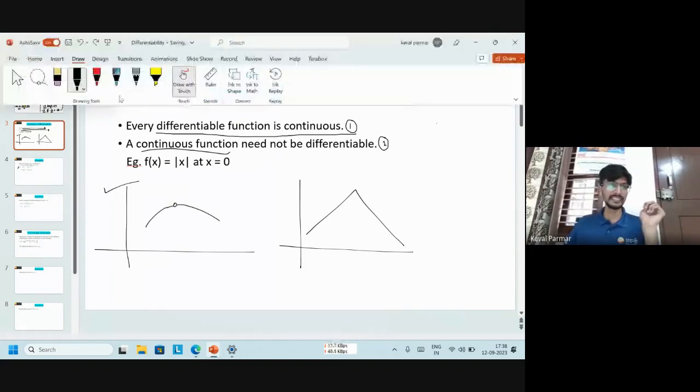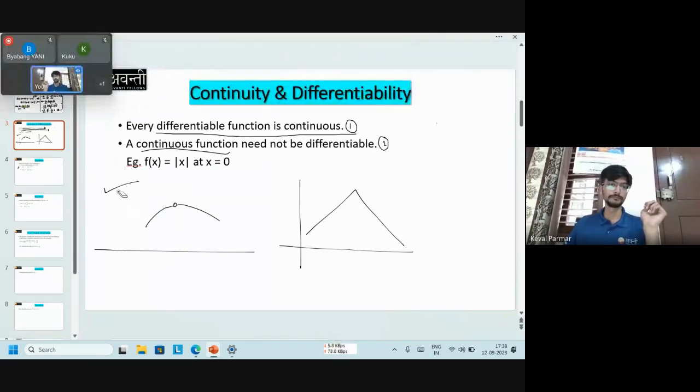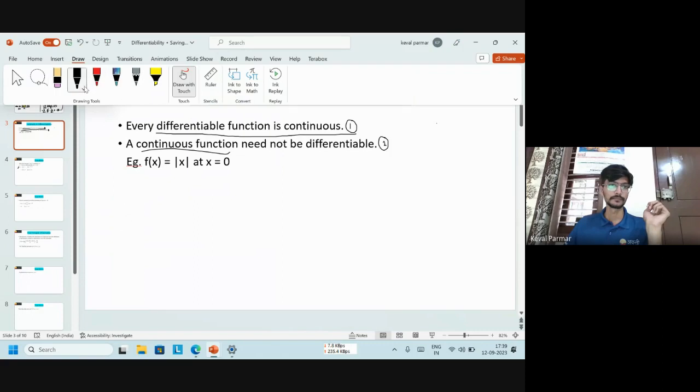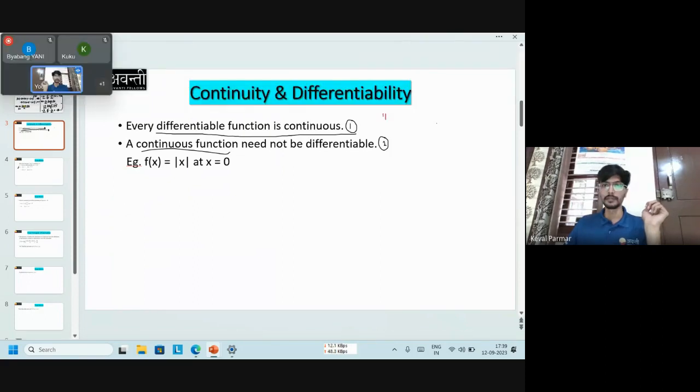So let me sum it up for you in short. Differentiable function implies continuous function.